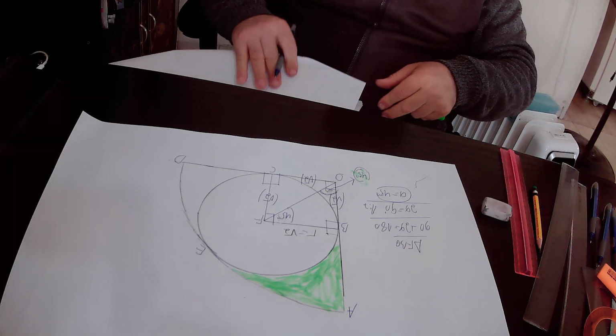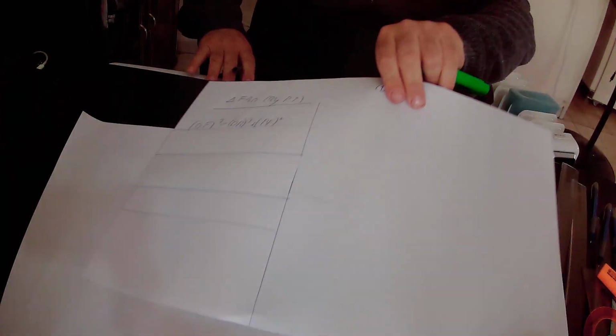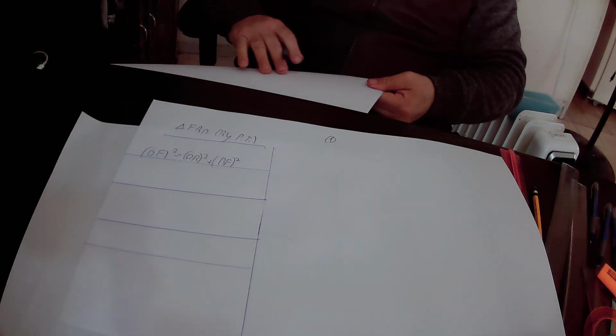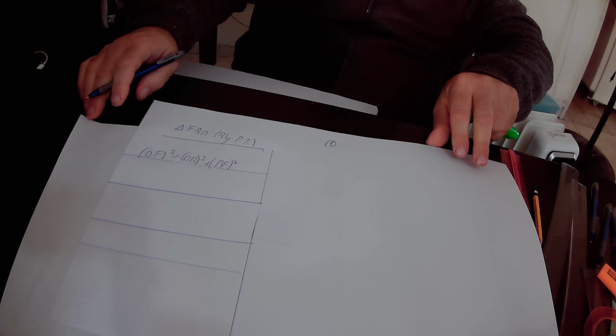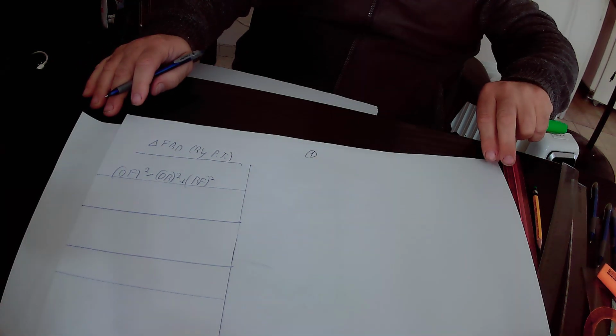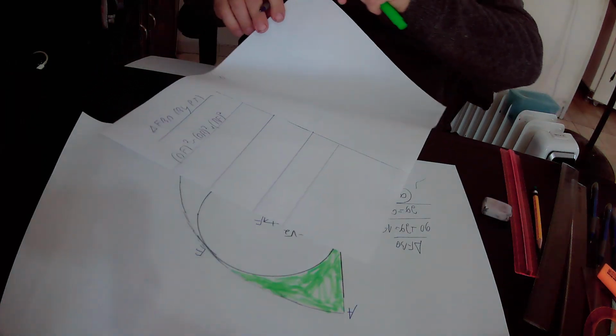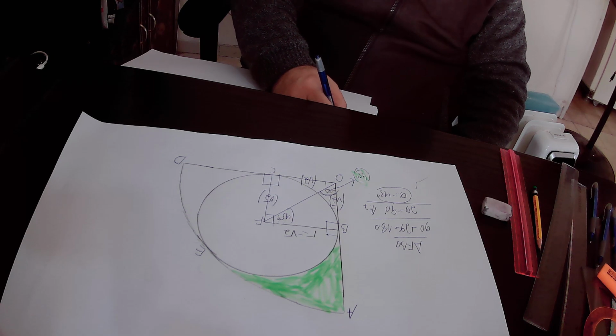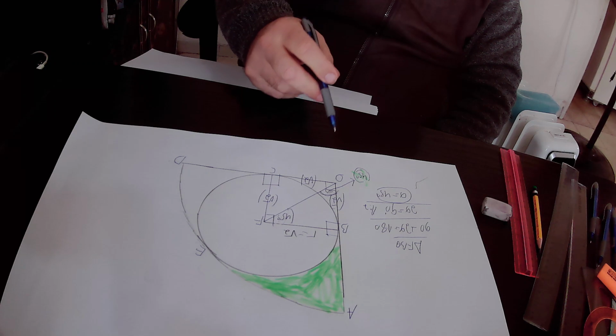Let me repeat again. Moving to the Pythagoras theorem. In the right triangle FBO, OF squared equals OB squared plus BF squared. So OF squared, which is the square of the hypotenuse, equals OB squared.